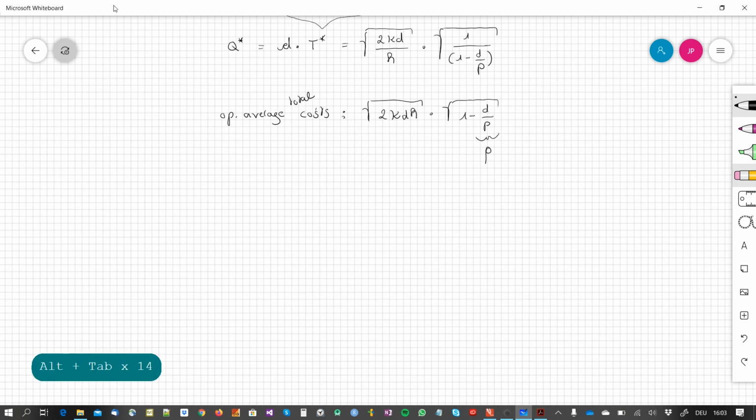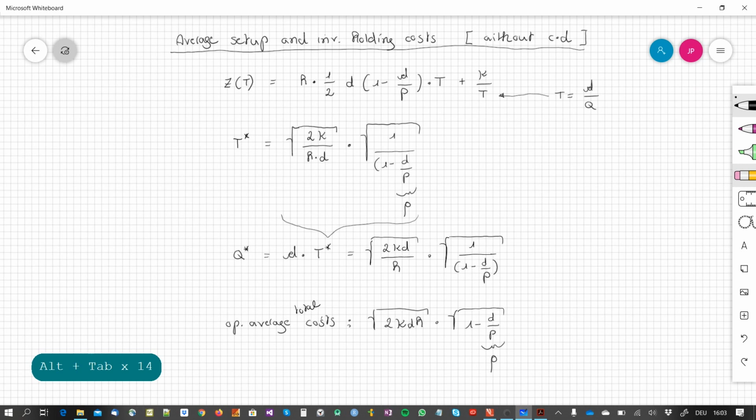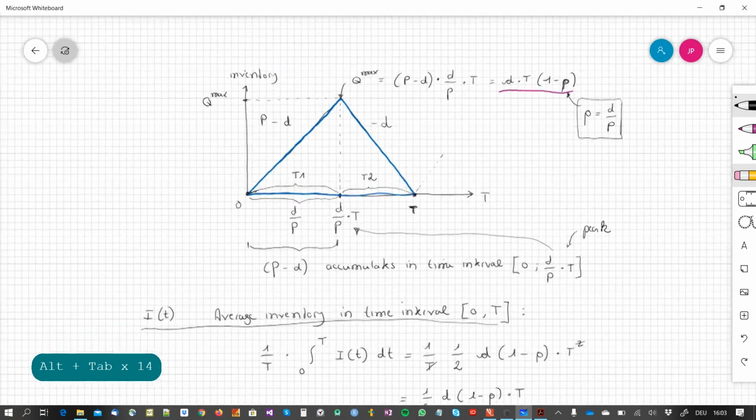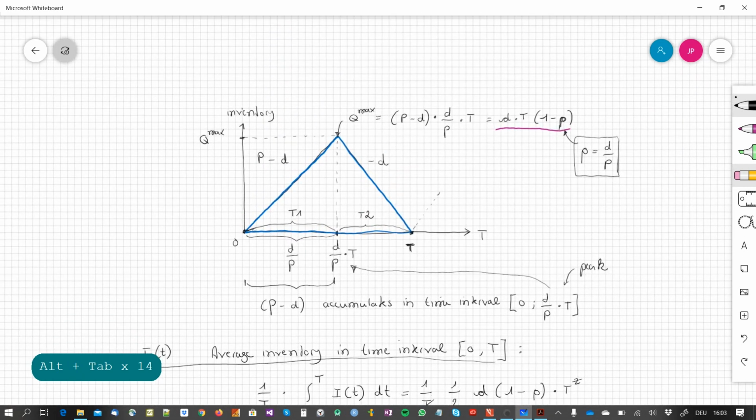Now what happens when we have an increase in the production rate? Let's take for this purpose our graphic. Let's assume now that our production rate increases, so that we are faster building up our inventory.